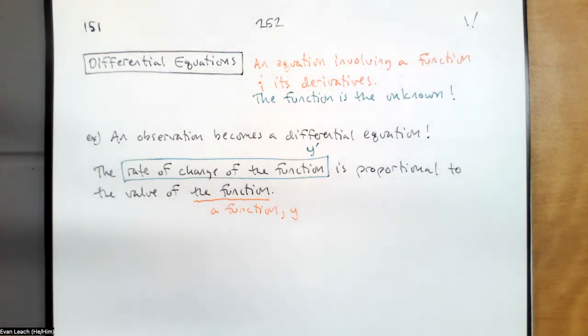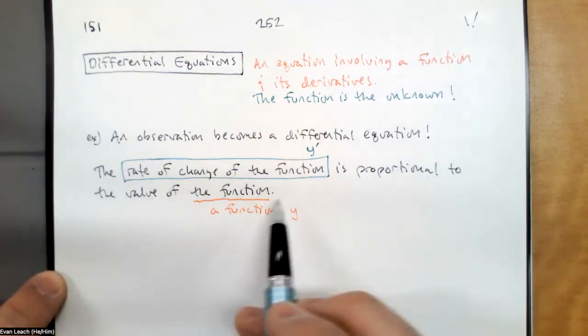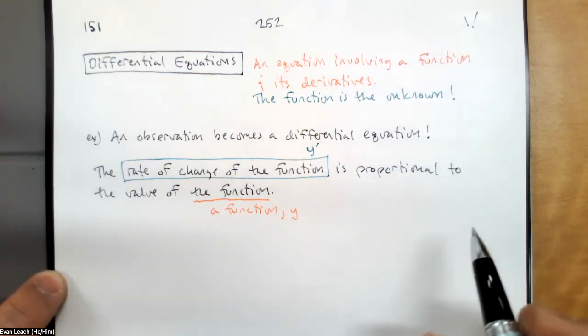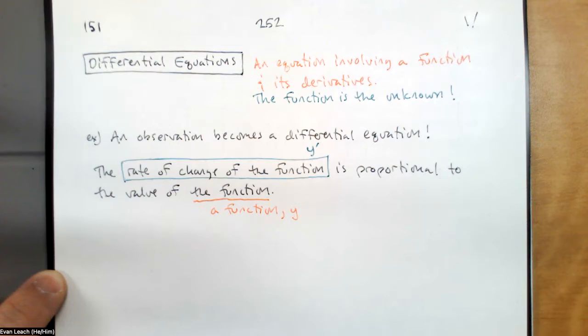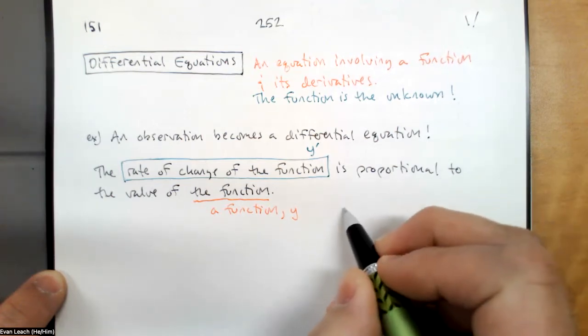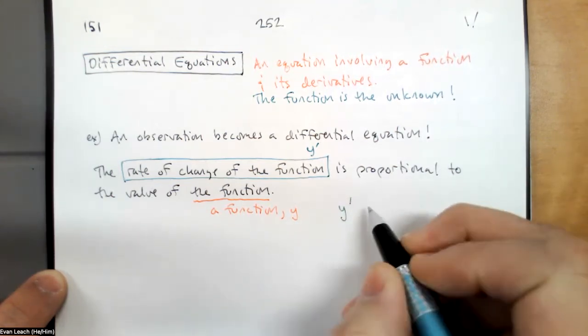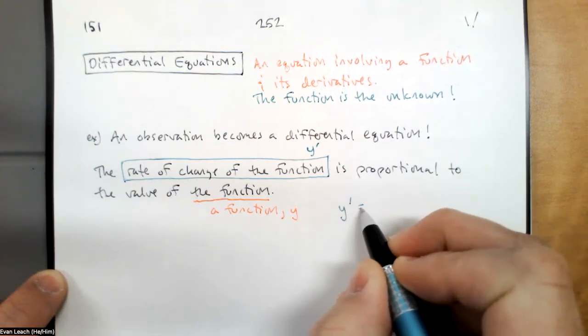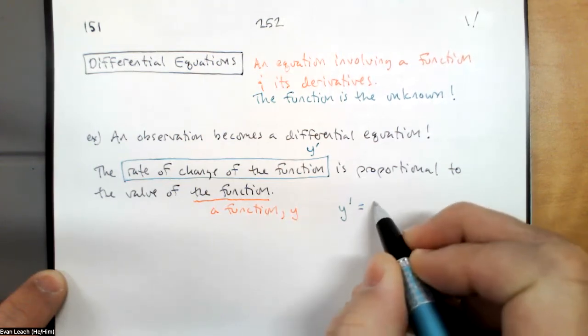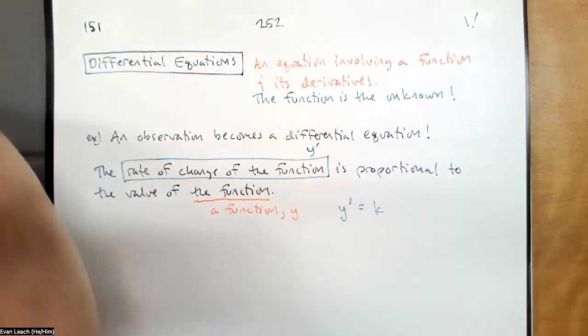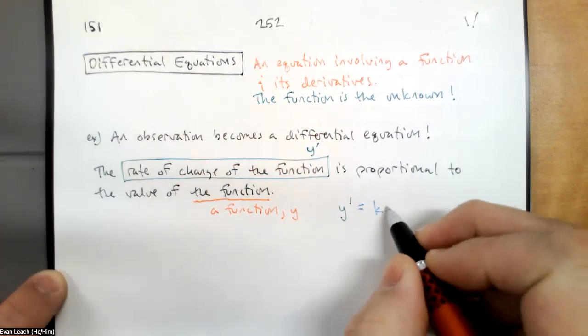If two quantities are proportional, that means one is a constant multiple of the other. So we can translate this statement, this observation, into the differential equation that says y prime is proportional to the function.